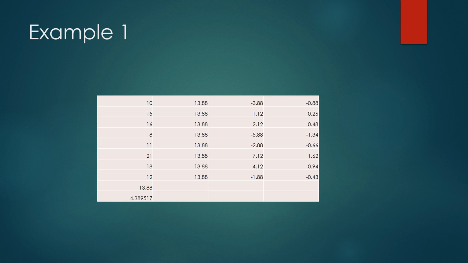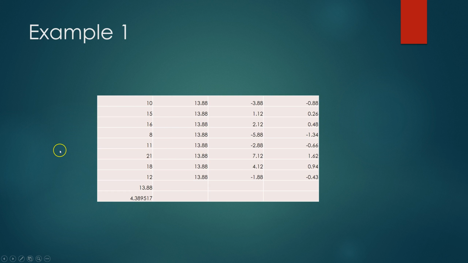Depends on the size of the actual value relative to the mean. Then I divide each one of those values in the third column by the standard deviation. And so when I divide by the standard deviation, I get numbers that fall into a range, usually never exceeding positive 3 or negative 3. Okay, so that's one example.